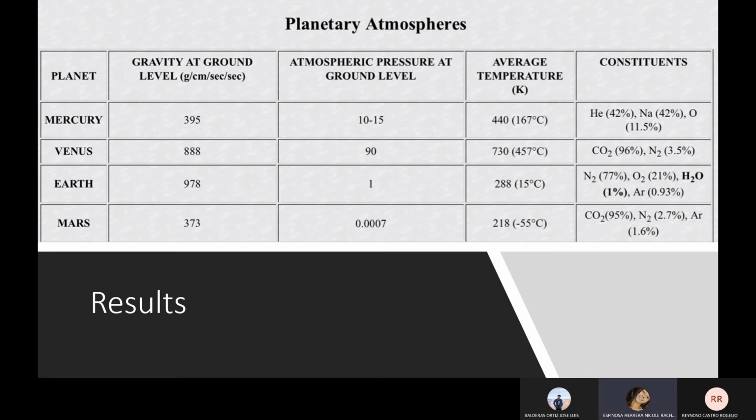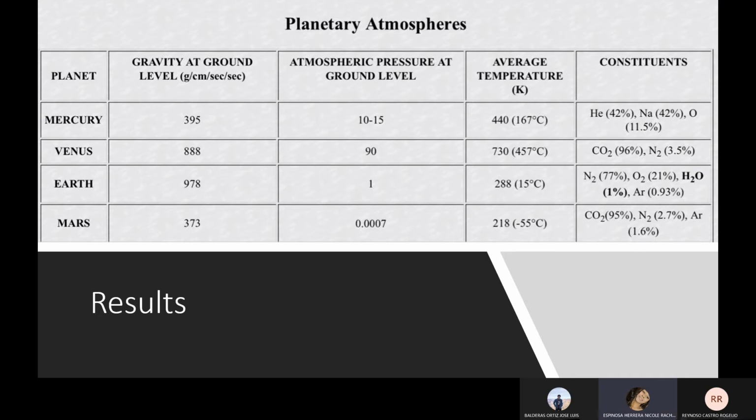So here we have a table with the planetary atmospheres. We have some planets like Mercury, Venus, and Mars compared to Earth. As you can see, the gravity levels are really different from the ones on Earth. Usually they are lower.